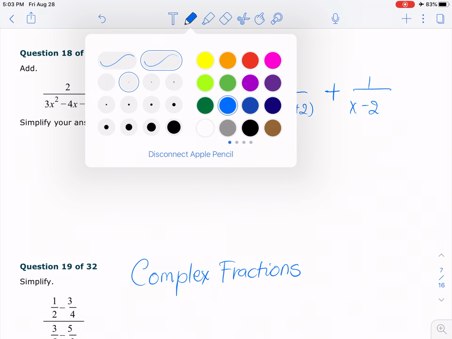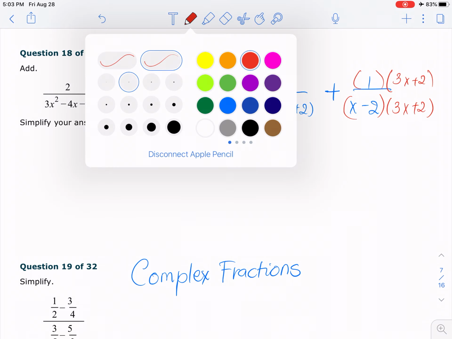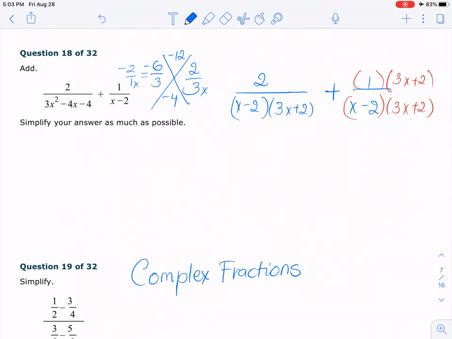As you can see, what's missing for this one is the 3x plus 2. Okay, so we have to multiply that one. All right, so I have 2 plus 3x plus 2, and then everything over x minus 2, 3x plus 2.